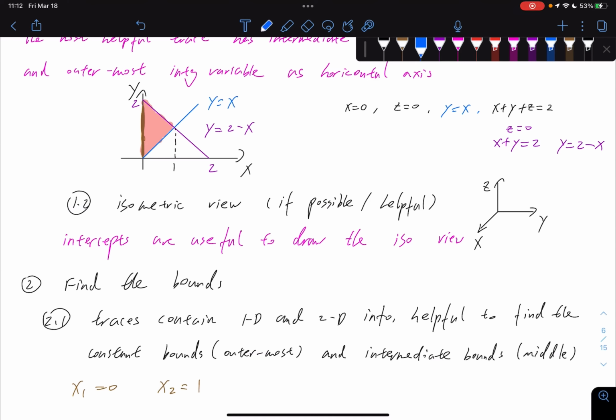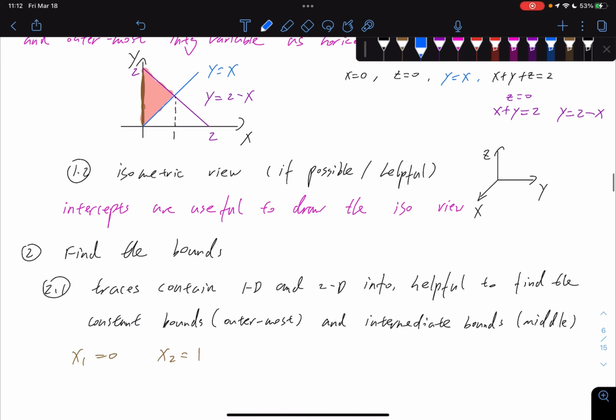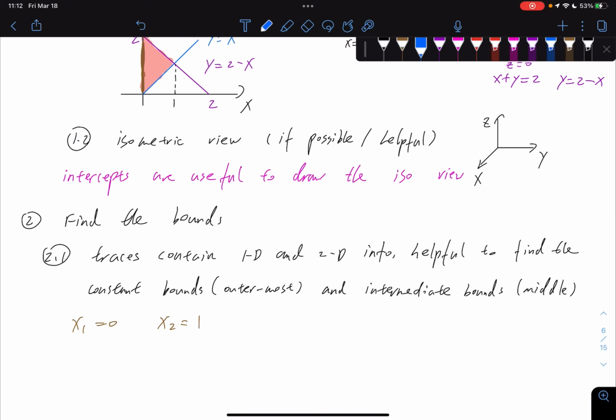So that means the lower bound is y equals x. So y1 equals x, and then y2 equals 2 minus x. You can see that these two x bounds are one-dimensional because they are constant, and the y bounds are two-dimensional because they contain two variables now.